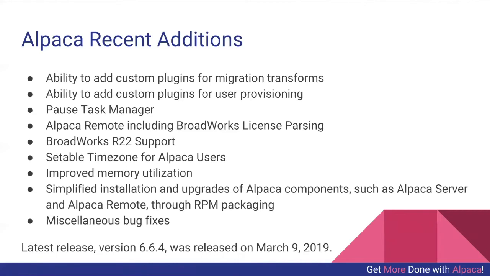We also released the Alpaca Remote. Alpaca Remote was a relatively new addition. The goal there was to get access to the audit logs because of the way that we use the audit track, audit log, and audit alerting. We need access directly to the audit logs in more or less real time. Historically, that would have been accessed via NFS. Some folks wanted a better way to do that, and the Alpaca Remote is a small tool.